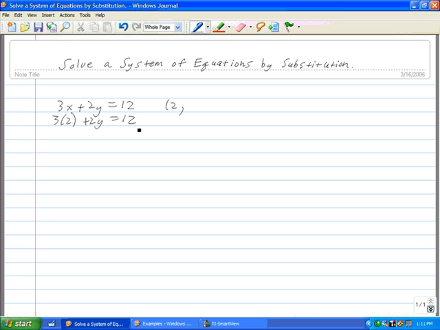Now, once that number is in place, once you've made that substitution, what you are left with is an equation with only one variable in it, which is something we already know how to solve.